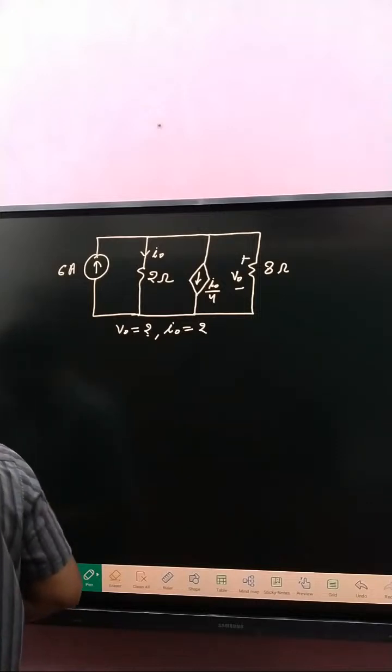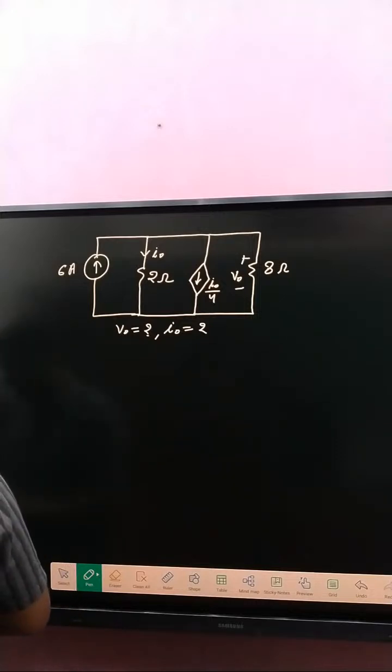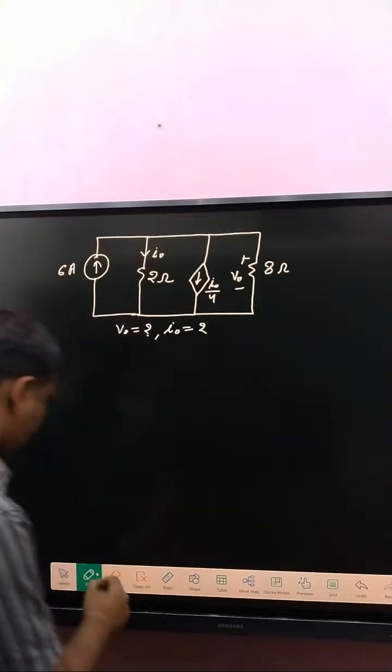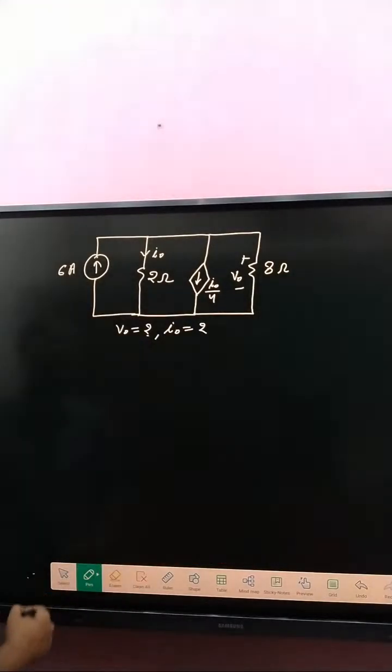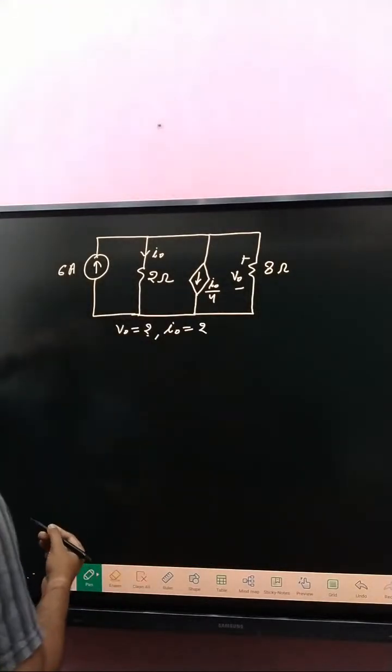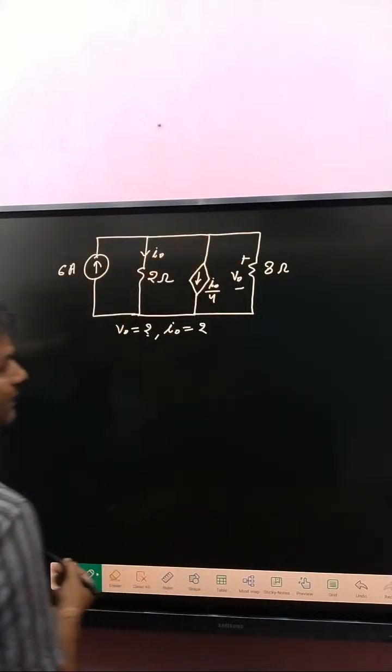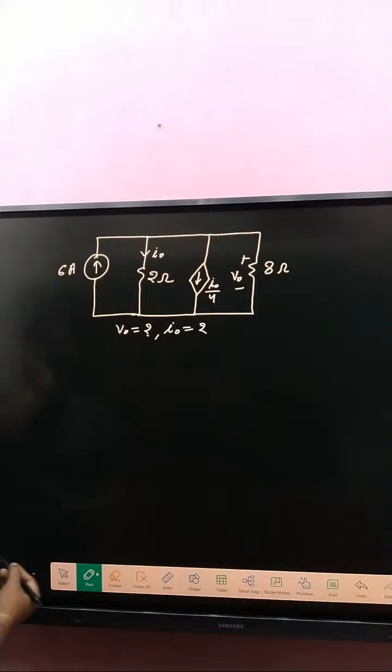Okay, so how can we determine? Everyone can try first, then I will do, definitely. Here I naught by 4, here V naught.